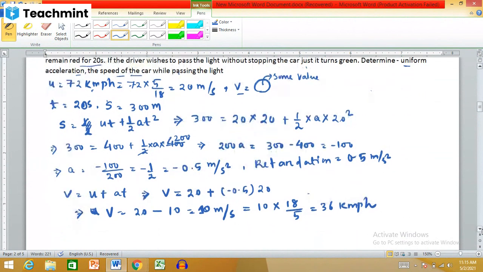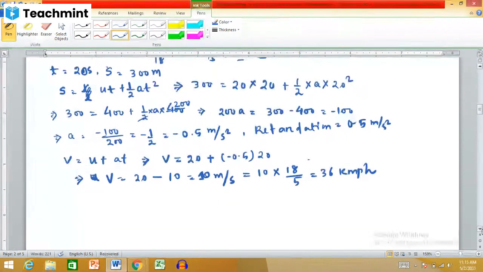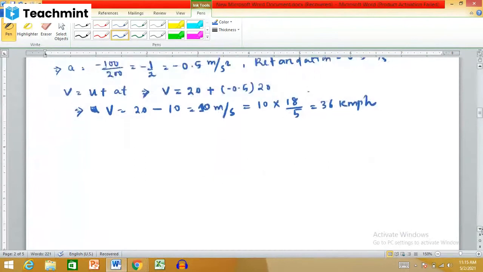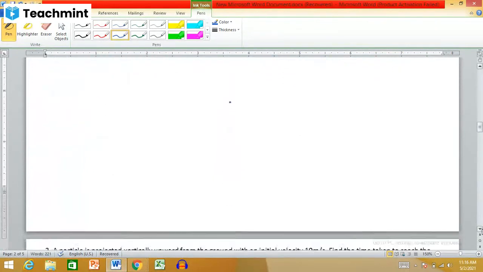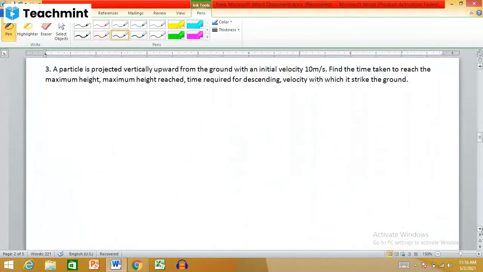We will go to the next problem which has uniform acceleration, but that uniform acceleration is due to acceleration due to gravity. So we will solve that. So this is our third problem.